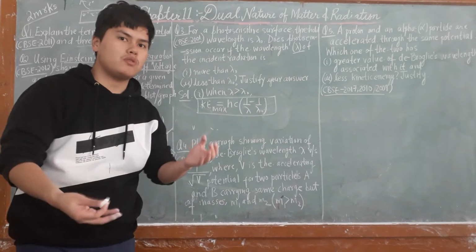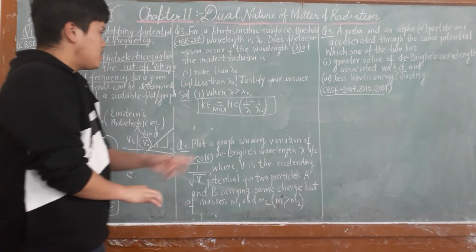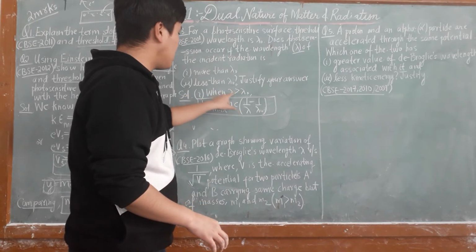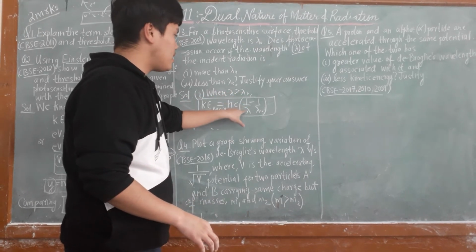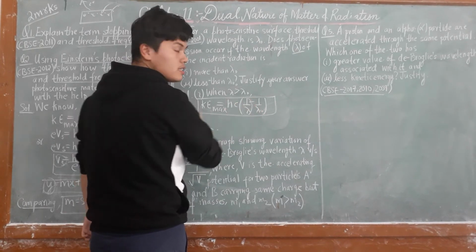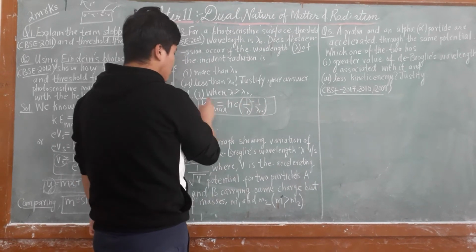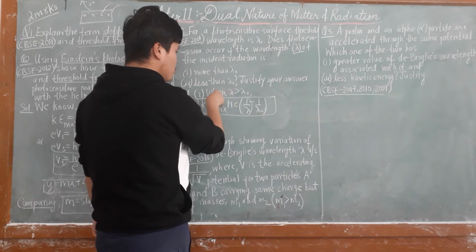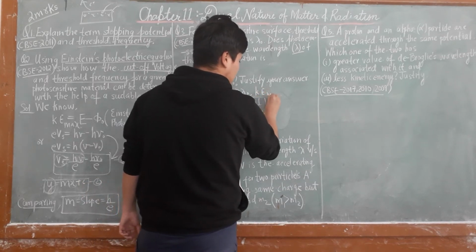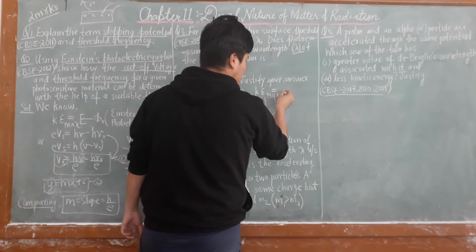Lambda naught is your threshold wavelength. So when lambda is greater than lambda naught, the maximum kinetic energy comes out to be negative.